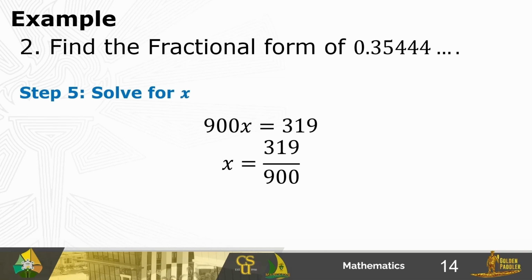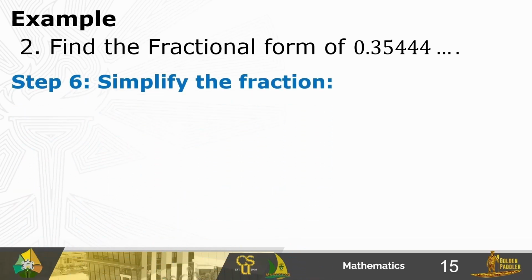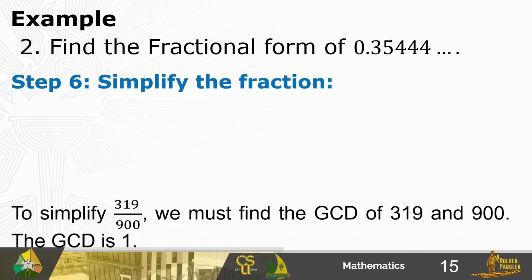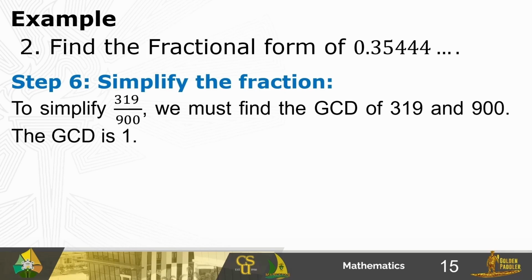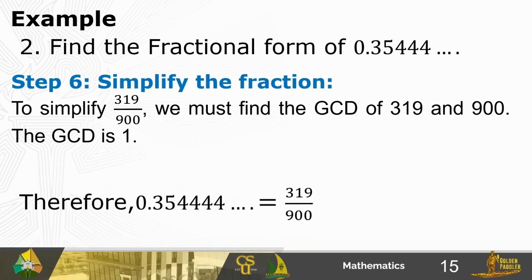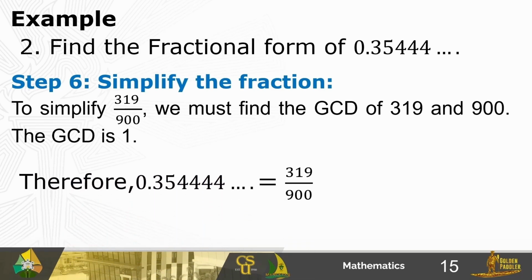For step number 6, we simplify the fraction. We find the GCD of 319 and 900, and our GCD is 1. Therefore, 319 over 900 is in its simplest form. Thus, the fractional form of 0.35444... is equal to 319 over 900.